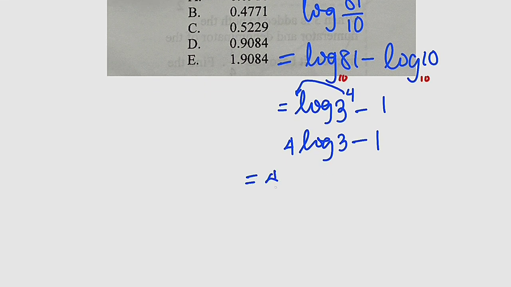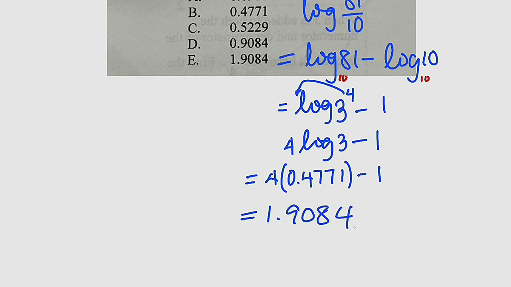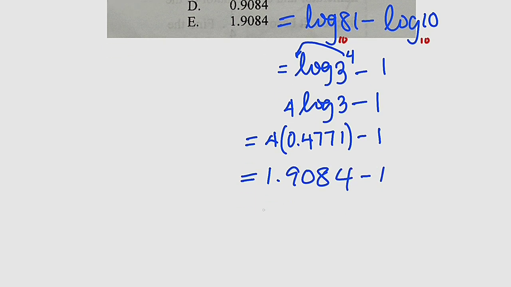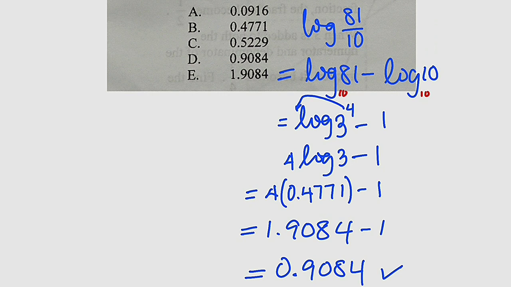So this is equal to 4 multiplied by 0.4771, then minus 1. 4 multiplied by 0.4771 is equal to 1.9084. If you subtract 1, you're going to obtain 0.9084. And this is our final answer, which is option D. You can see that right here.